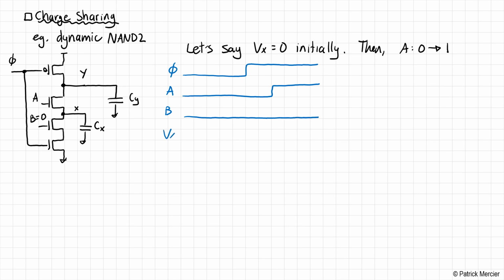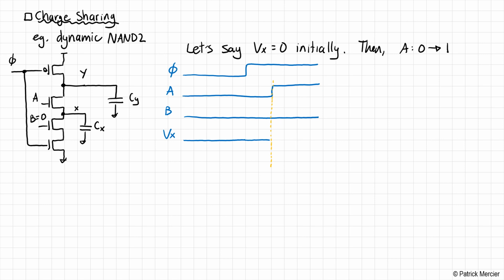Now let's look at node Vx. Okay, so we said that Vx was 0 initially. All right, let me just draw a little vertical line here to help us. We said that Vx was 0, and when the clock turns on, that will continue to be true because A is 0, B is 0. So node X here is not changed at all when the clock goes high and we enter the evaluate phase.